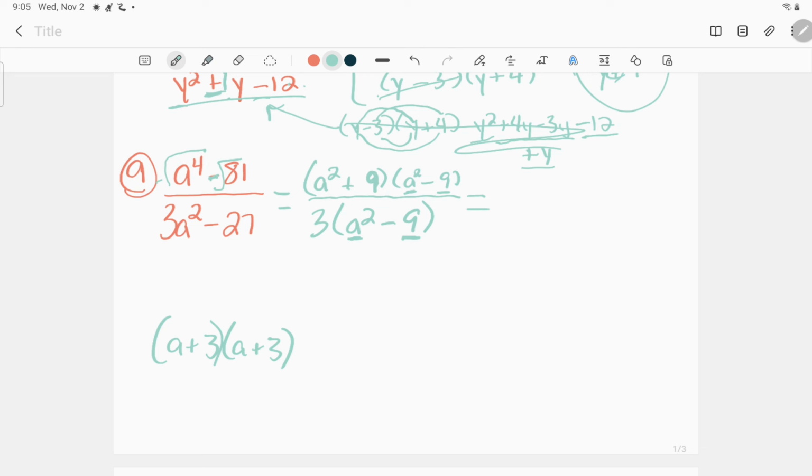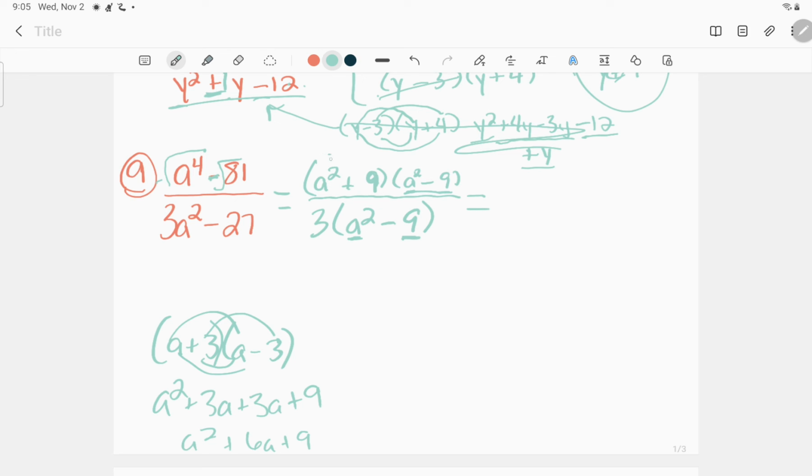To end up with a positive 9, because when you do this one and you do the FOIL method, you're going to get a squared plus 3a plus 3a plus 9. Well, that becomes a squared plus 6a plus 9. And if you separate them by a negative sign, if you make that a plus 3 times a minus 3, you're going to end up with this.